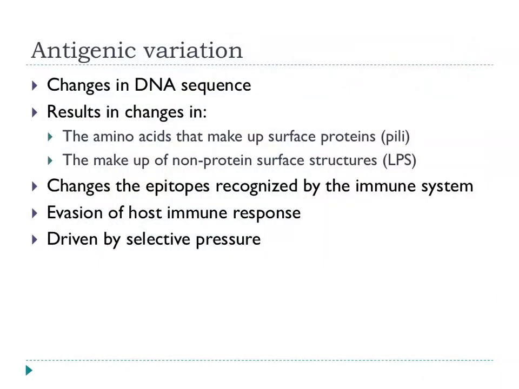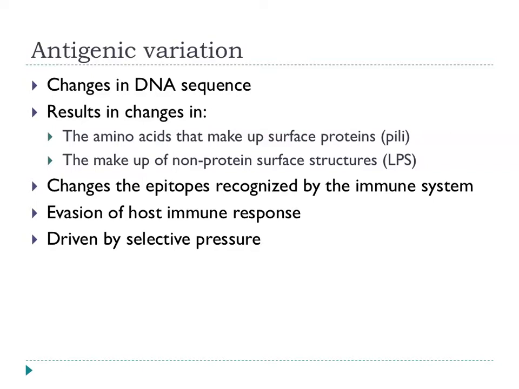So this antigenic variation I mentioned, how does it come about? Well, what actually happens is that we see changes in the DNA sequence, changes in the genome of the bacterium. So it's got this very volatile genome, if you like. And this results in changes in the amino acids that make up surface proteins. So the pili, these hair-like appendages that allow the bacterium to stick, they can change a lot.